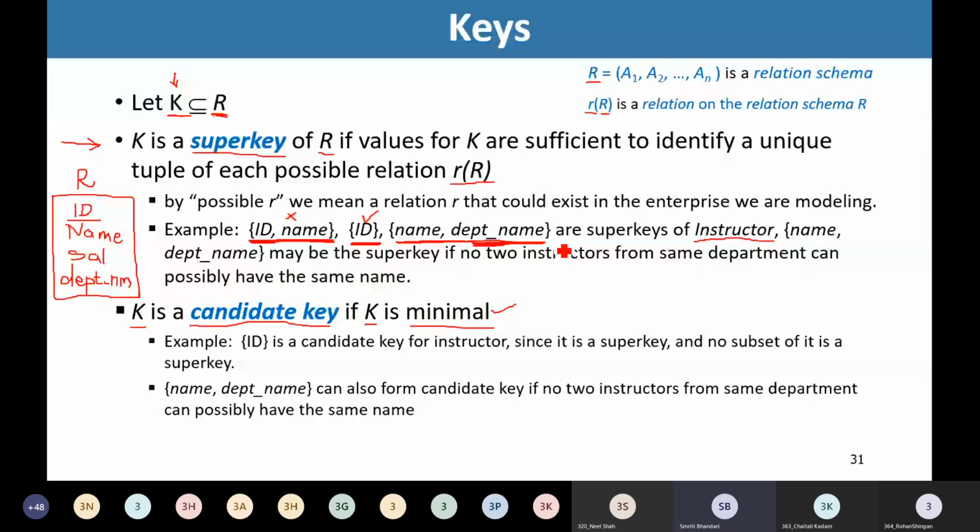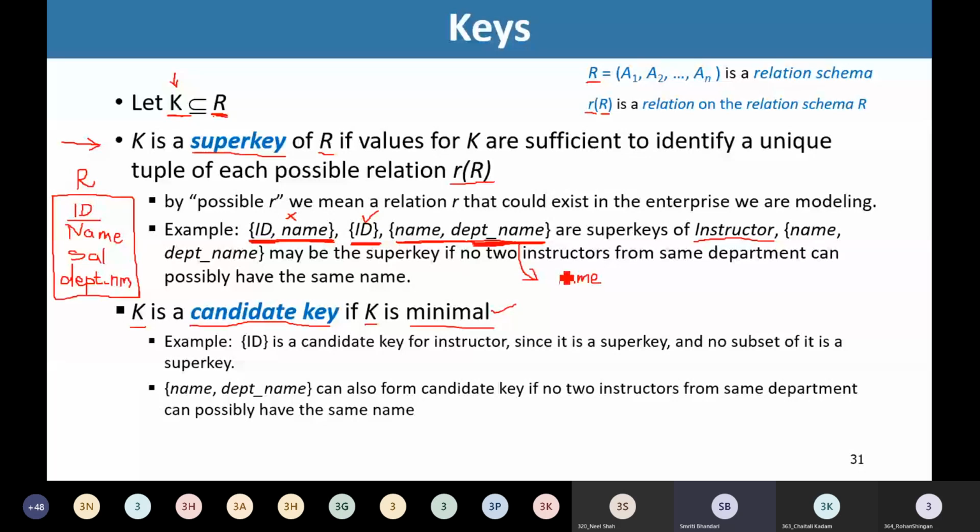Whether name, department name can be treated as my candidate key. If yes, why? See here, if I try to find out the subsets of this set, I may have only name, that is the subset of name, department name. Is that correct?